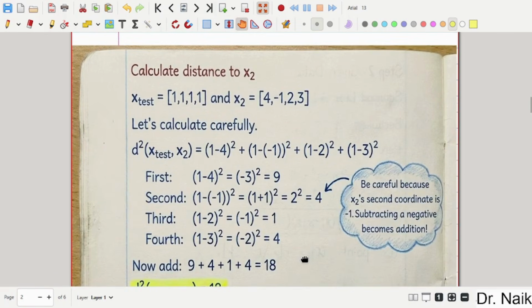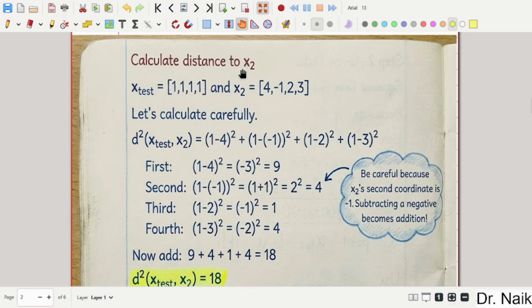Now calculate the distance between the test point and training point x2. d square of x test and x2 is (1 minus 4) square plus (1 minus 1) square plus (1 minus 2) square plus (1 minus 3) square. 1 minus 4 is minus 3, and minus 3 square is 9. 1 minus 1 is 0, so that term is 0 square, which is 0. 1 minus 2 is minus 1, and minus 1 square is 1. 1 minus 3 is minus 2, and minus 2 square is 4.